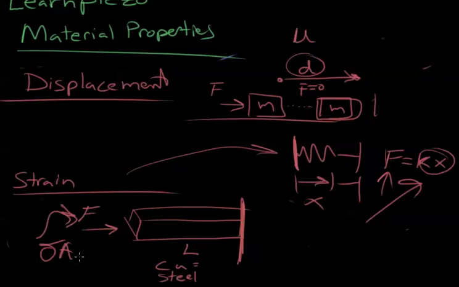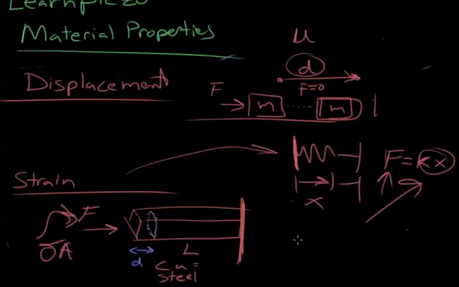Okay. And this bar deforms. Obviously, it shrinks, right? This bar becomes smaller. And because this bar becomes smaller, it displaces. So there's a displacement going on here. We'll call it D. Okay.